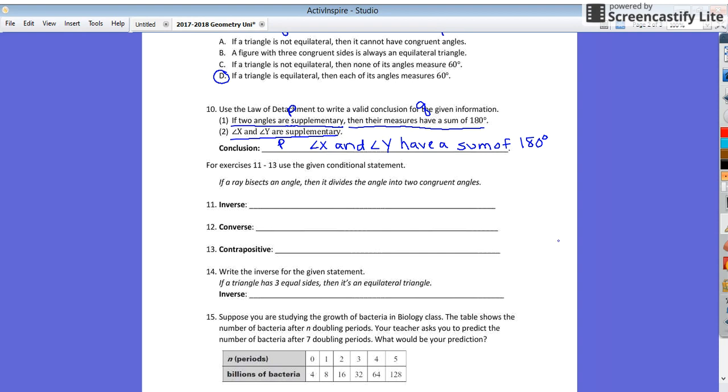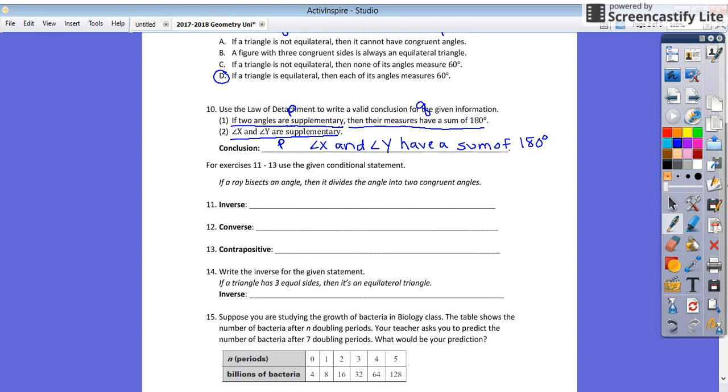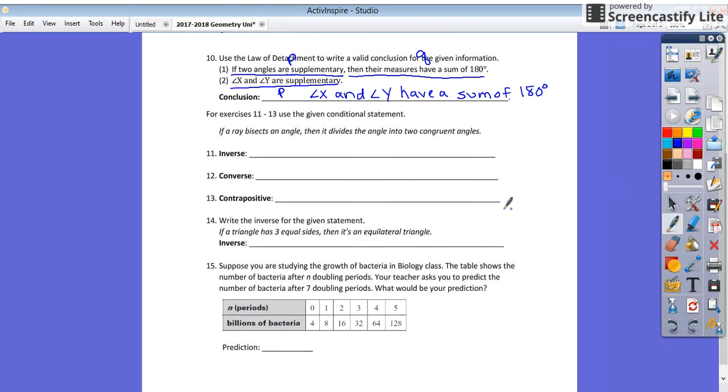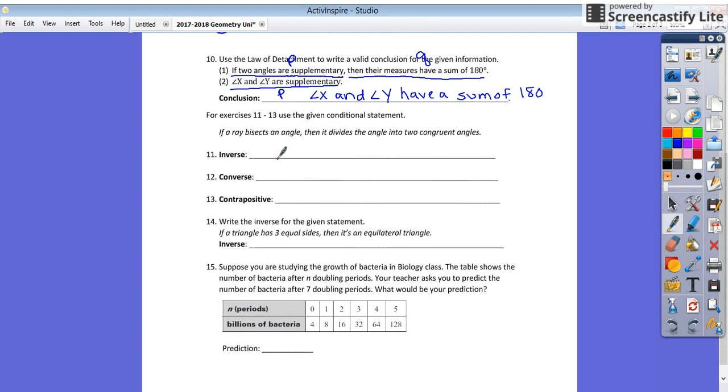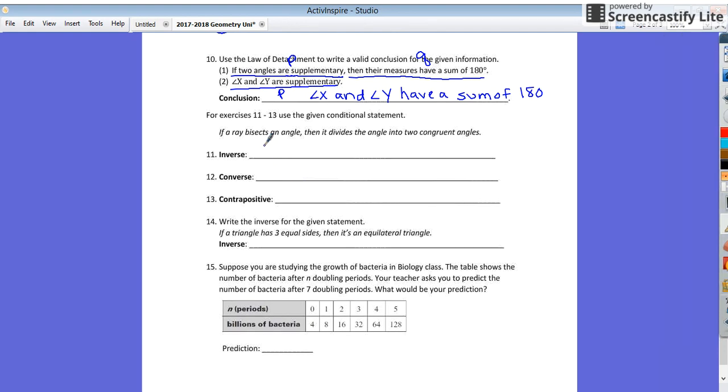On numbers 11 through 13, we're going to use the given conditional statement, and we're going to write the inverse, converse, and contrapositive. Remember to write the inverse, we are going to make them both negative.